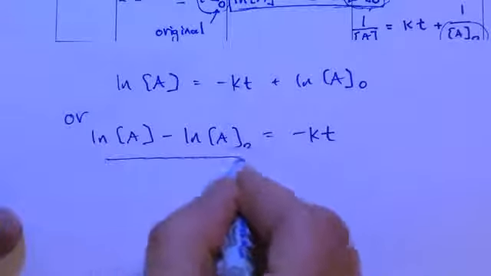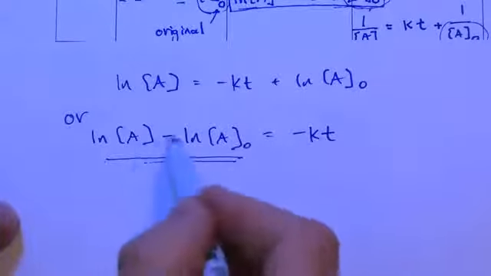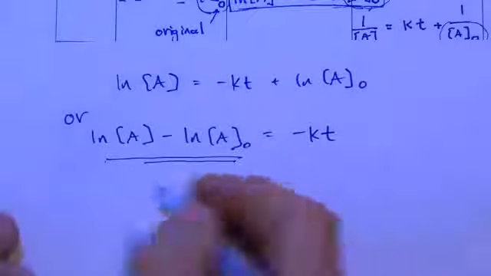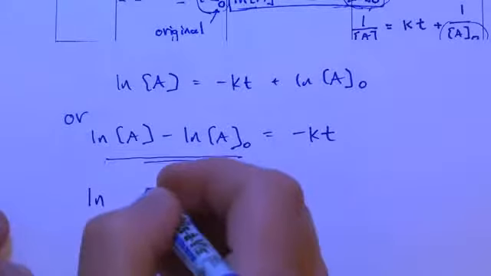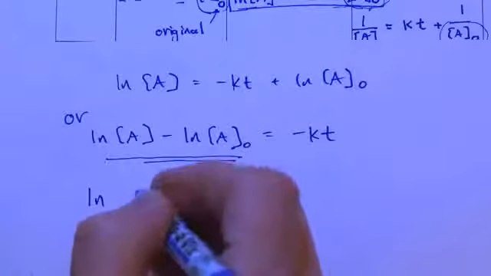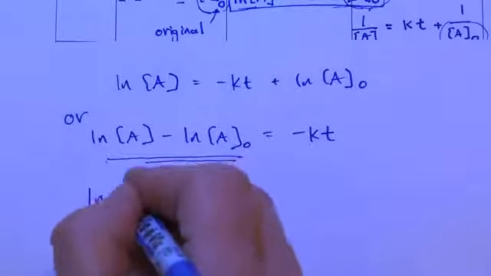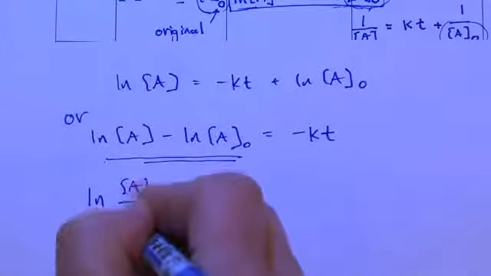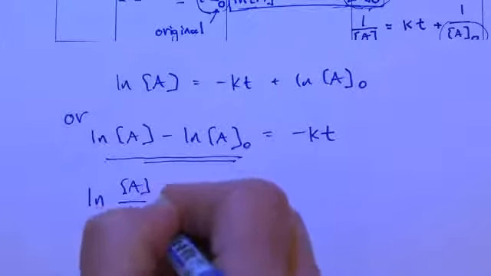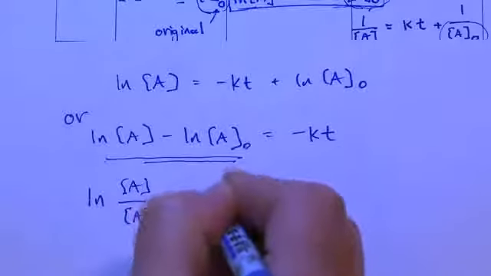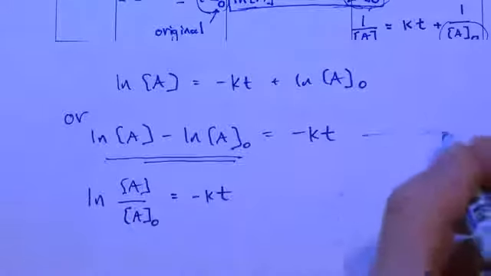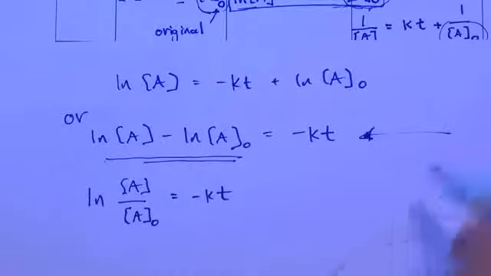If you remember your rules of logarithms, when you're subtracting two logs, you can actually write it like this: natural log of A at some given time divided by the concentration of A original is equal to negative KT. This equation is given on your periodic table that you'll get to use.